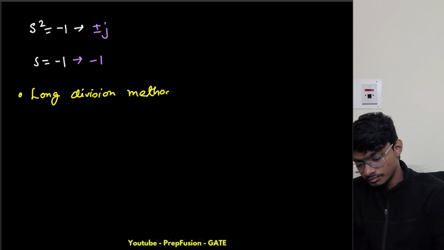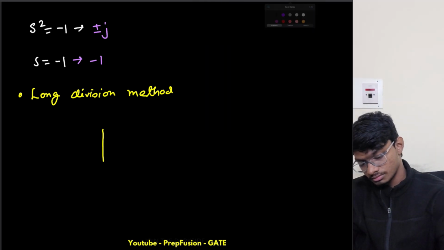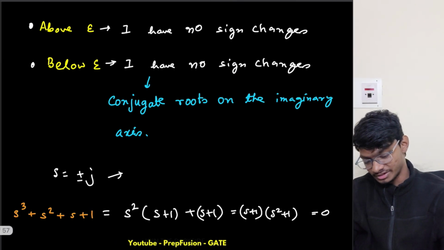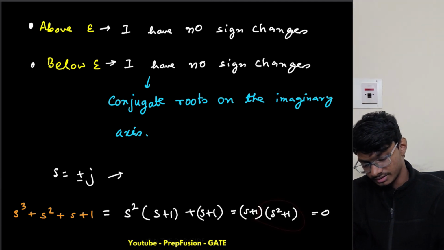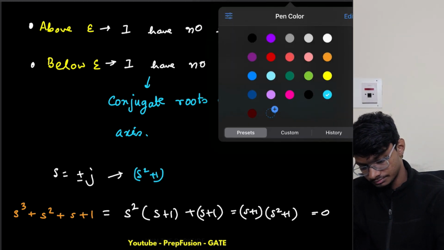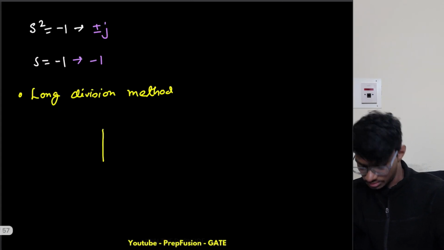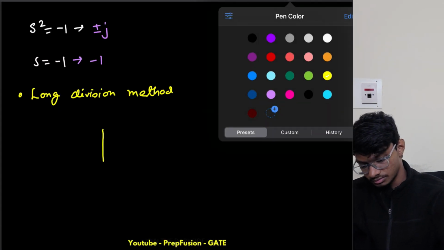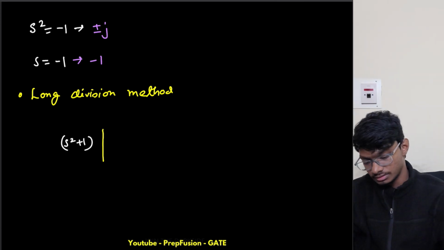So in the long division method, basically what do you do? I forgot what we call exactly this one. I hope you know that s square plus 1 is the factor.